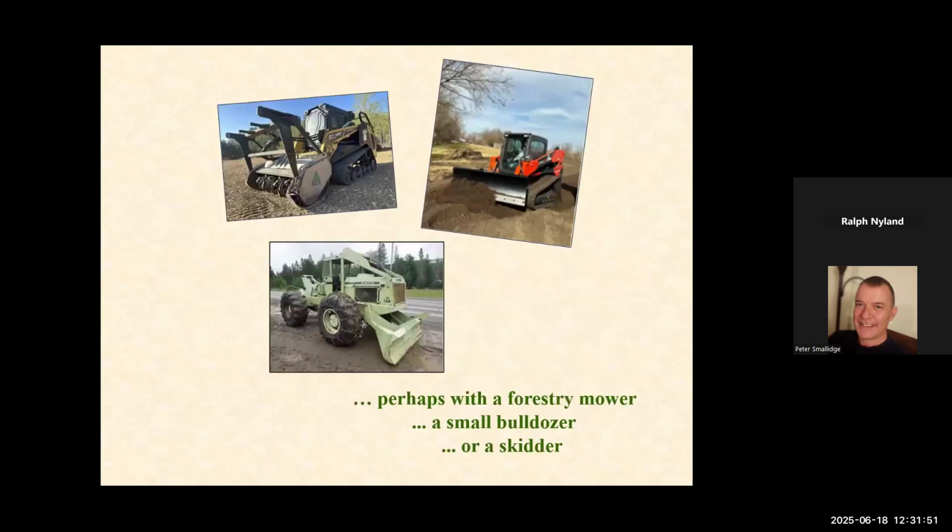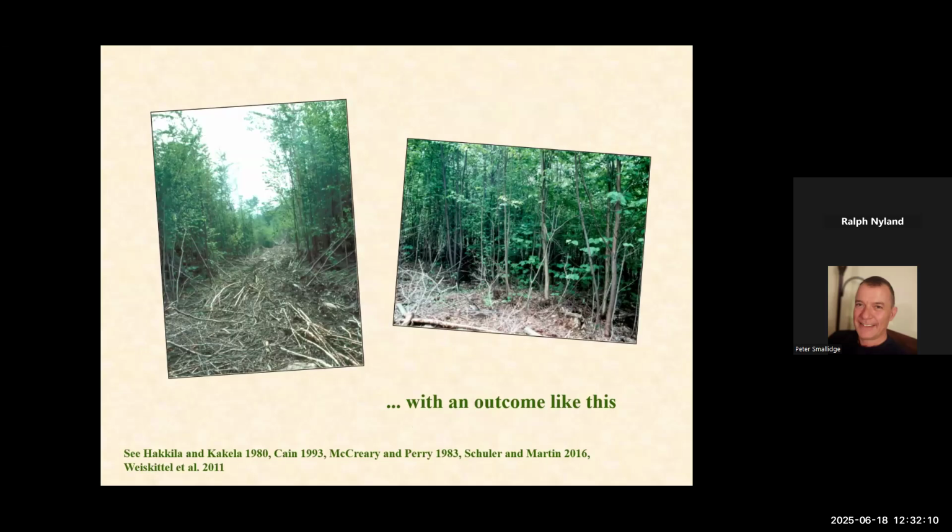So you have available things like a forestry mower mounted onto a skid steer, a small bulldozer, a skidder, a skid steer with a pusher bar on it, anything like that that will push over or masticate the seedlings will do the job. So you start off with a dense sapling stand, and you clear these lanes and end up with something like this.